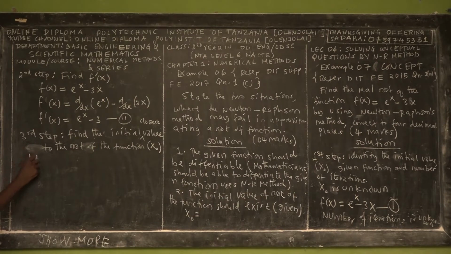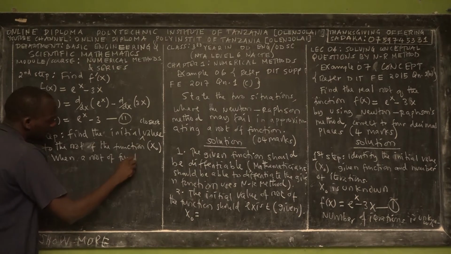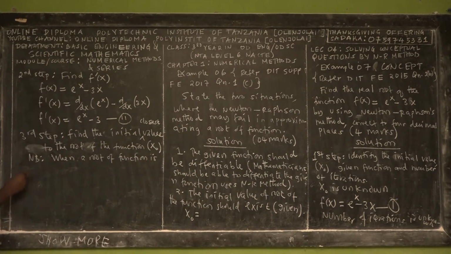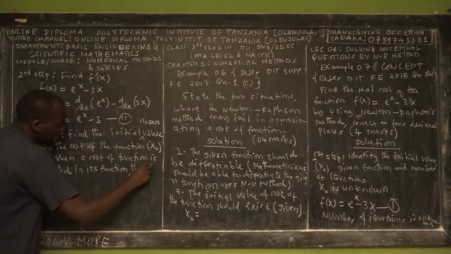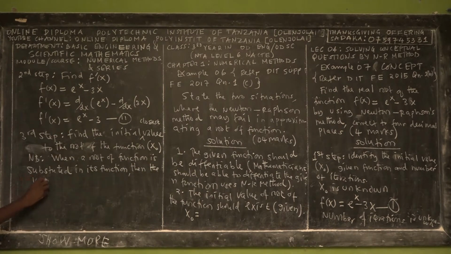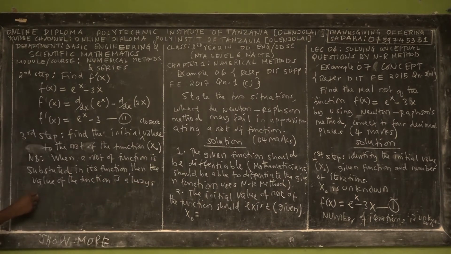The root: when a root of a function is substituted in its function, then the value of the function is always 0 or close to 0. What does it mean? Listen.